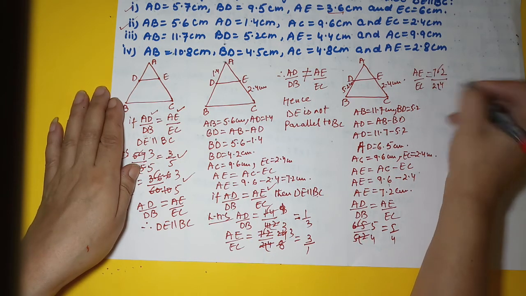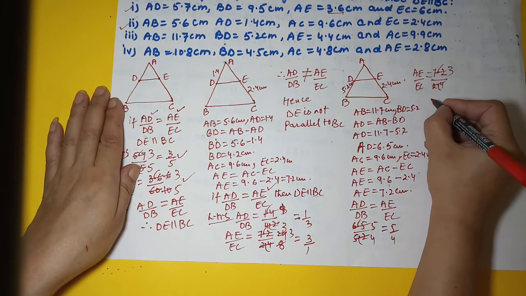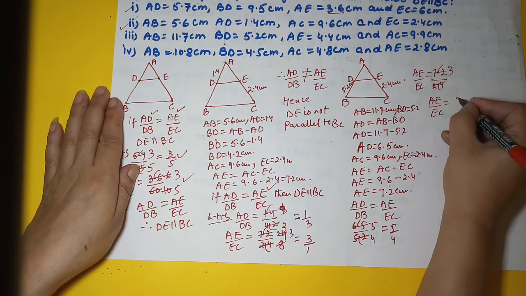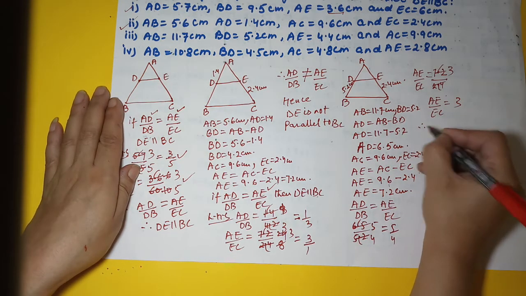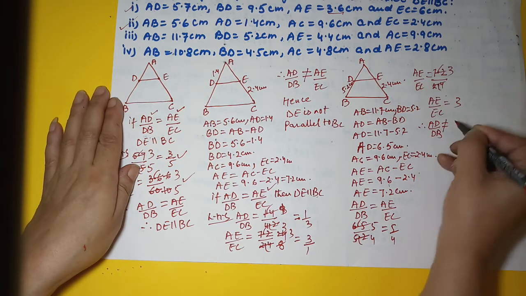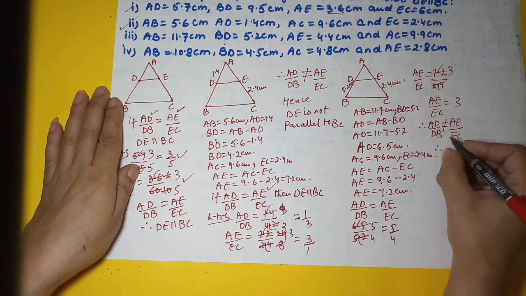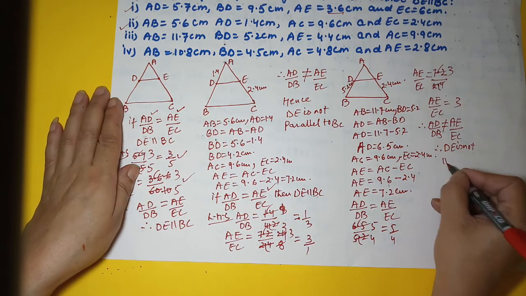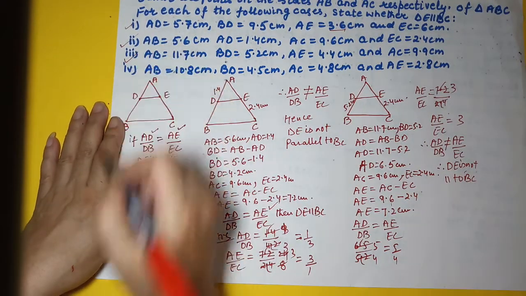This and this will go. So 24 3s are. So I got AE by EC as 3. But AD by DB as 5 by 4. So you can write therefore AD by DB is not equal to AE by EC. Therefore DE is not parallel to BC. Right? Third part also we have answered.